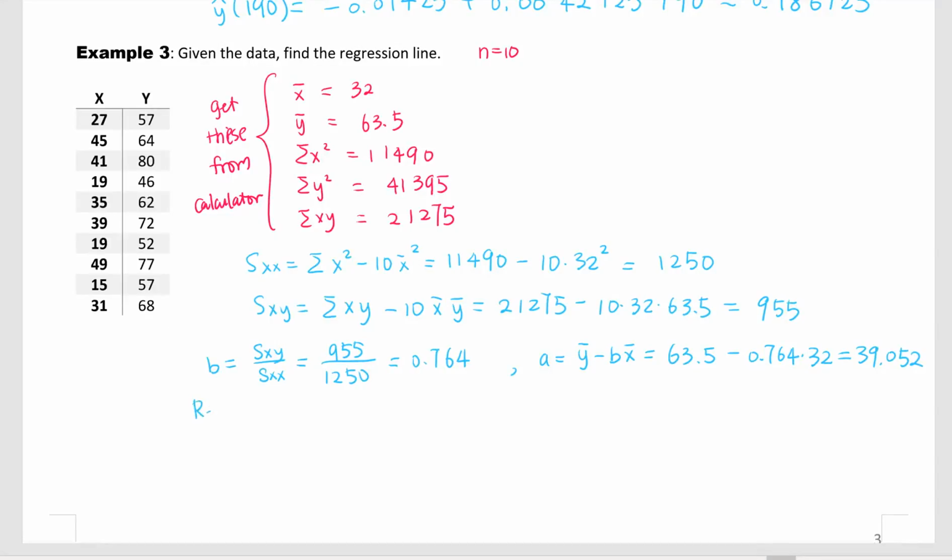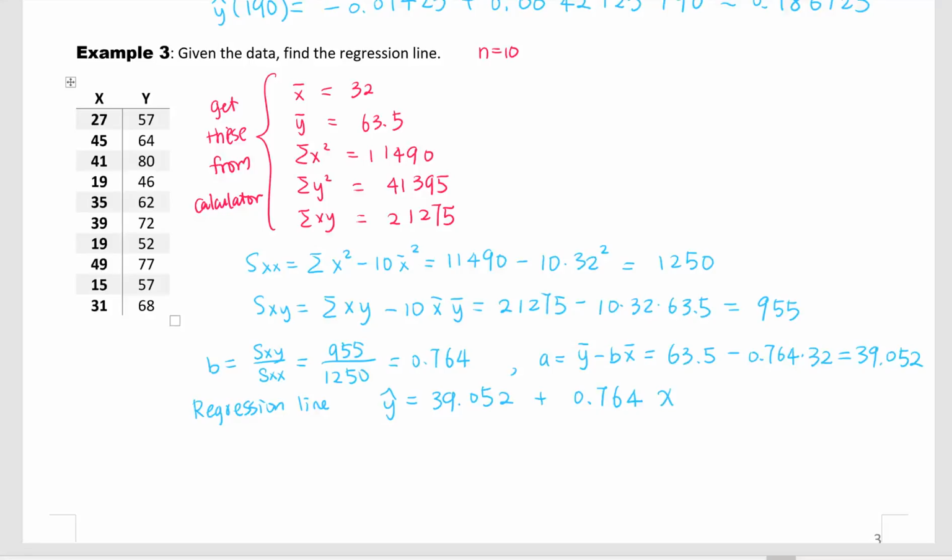So what is the regression line? Y hat is a plus bx, so y hat is 39.052 plus 0.764x, right? To find the regression line, we just use the formula, so very easy.